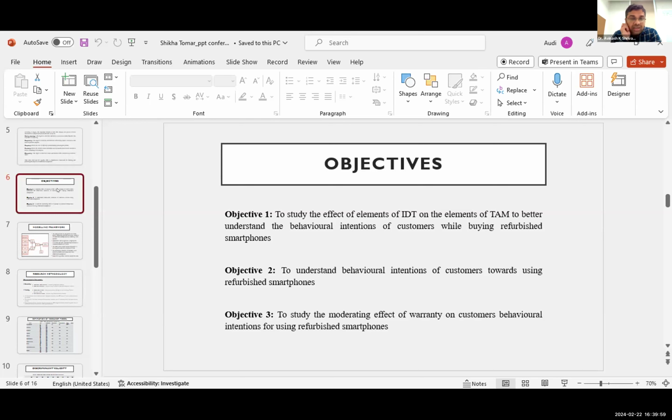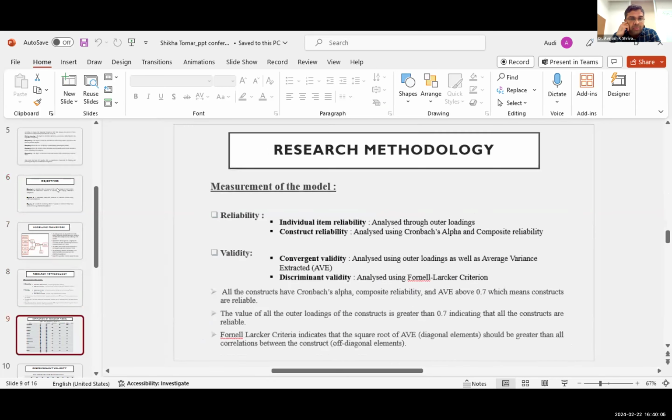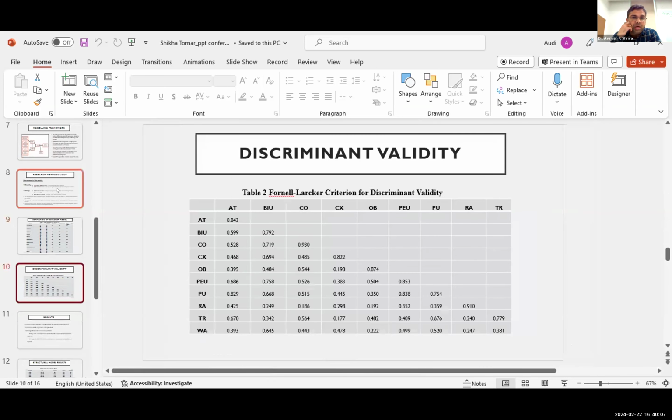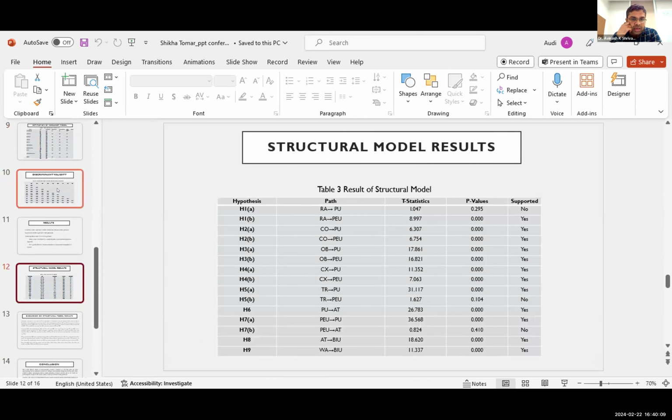Okay, sir. Then you mentioned 12 hypotheses, right? Yes. I did see those 12 hypotheses in your presentation. In this table, you have written H1A, H1B, H1C, but I don't know what exactly they talk about.